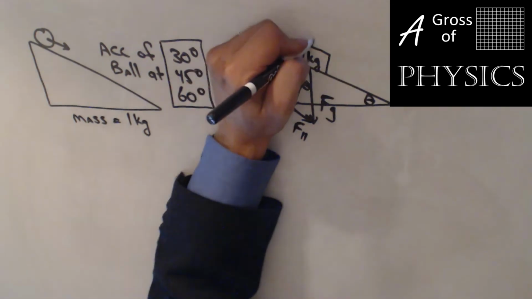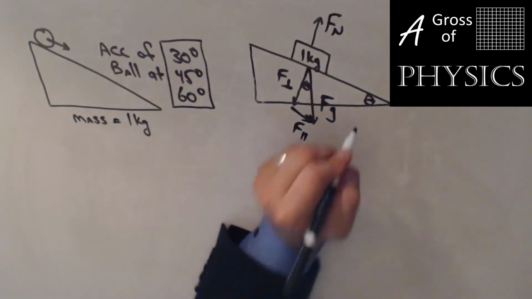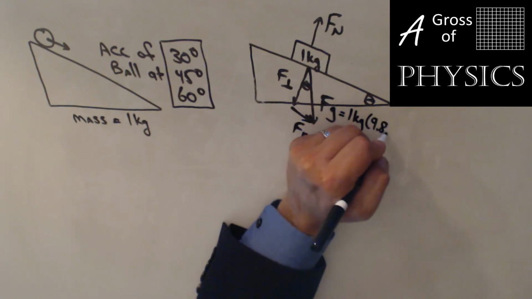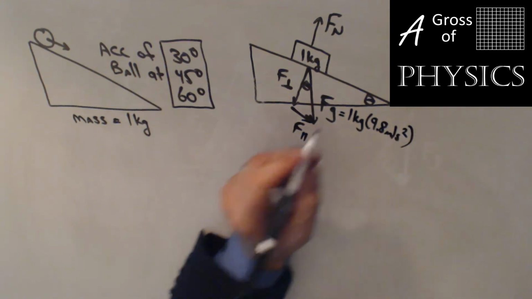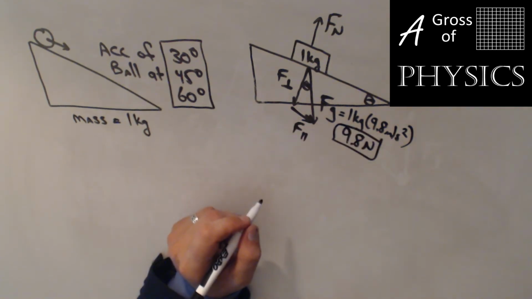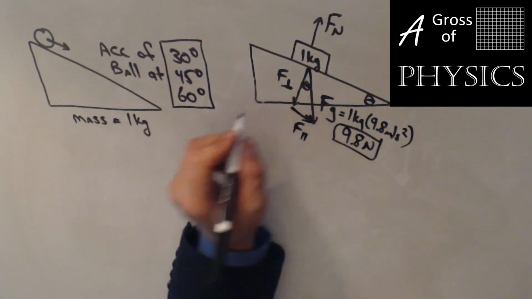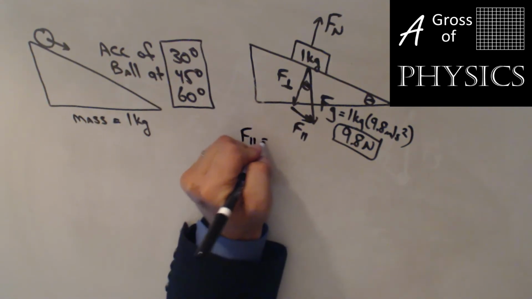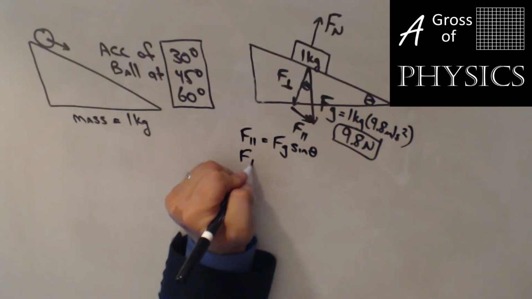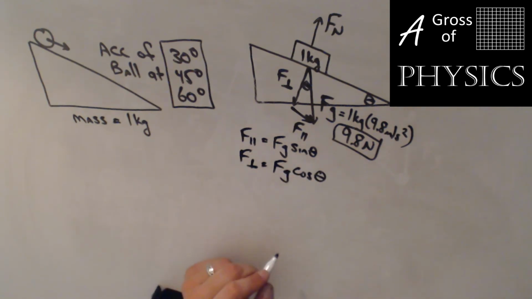Now the perpendicular force is opposed by the normal force, so they'll be equal. And since I used 1 kilogram, we have 1 kilogram times 9.8 meters per second squared, and probably don't need the calculator for that, 9.8 newtons. Now generically, we're going to have F parallel become Fg sine theta, and F perpendicular is going to be Fg cosine theta.